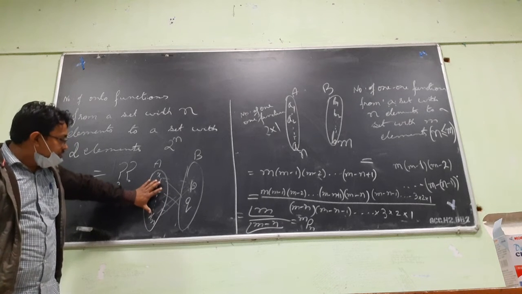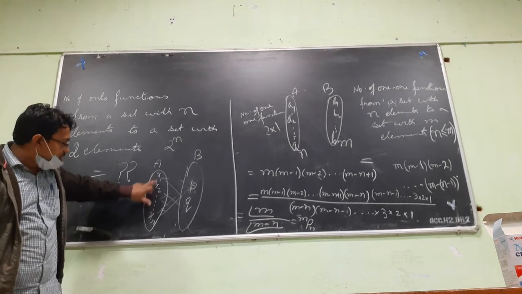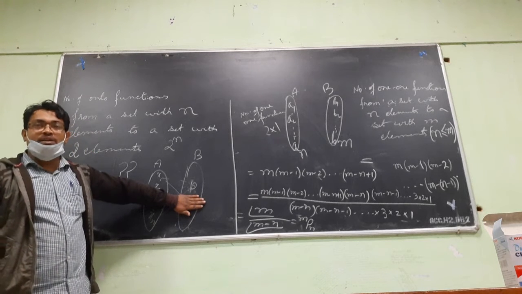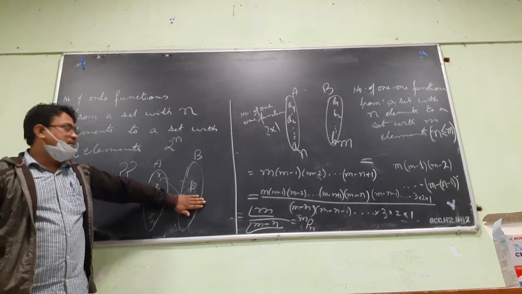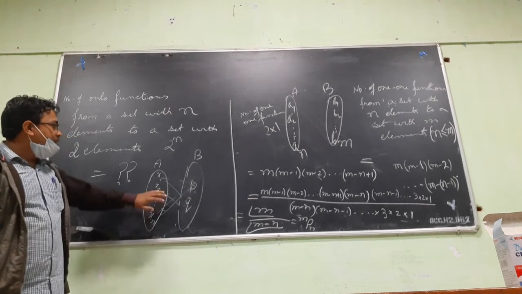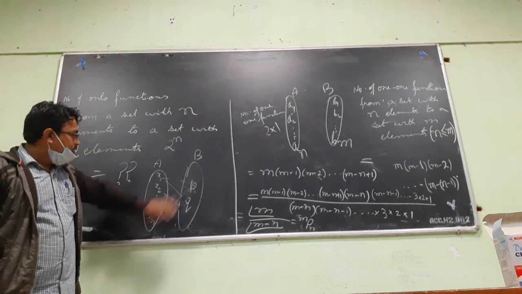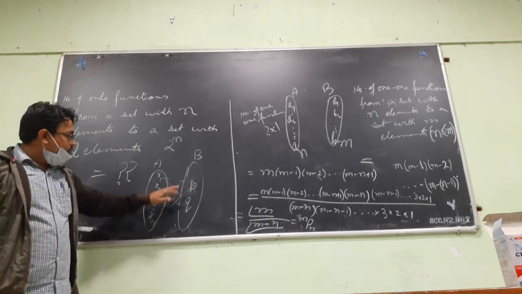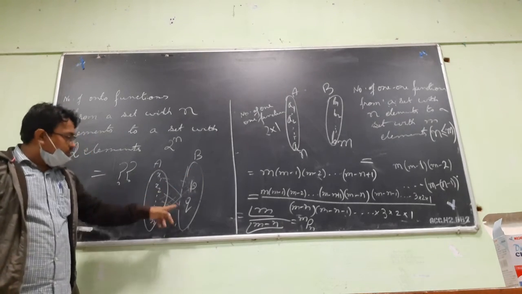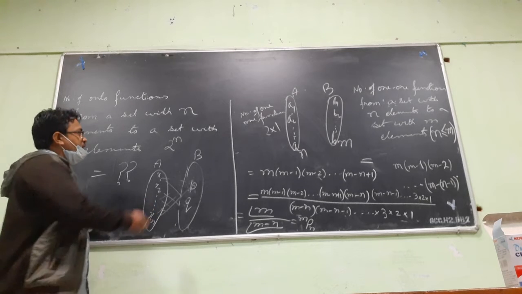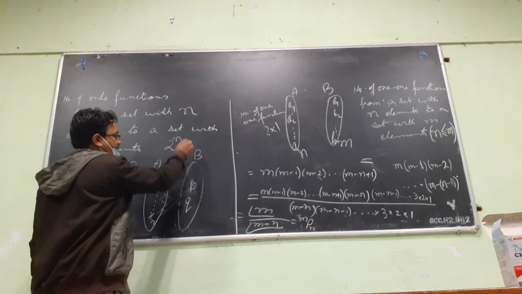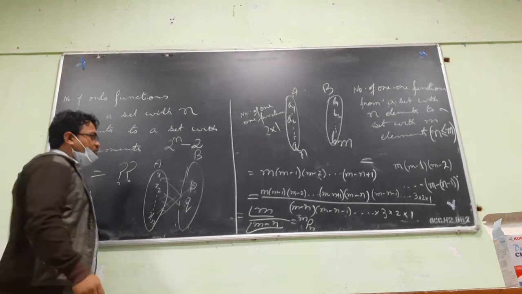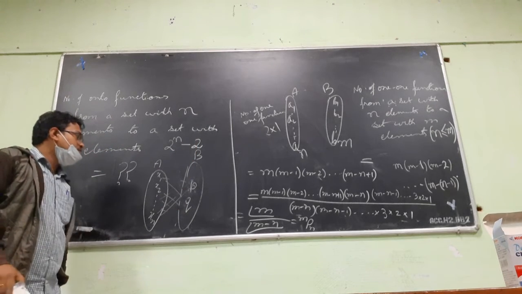The number of functions from a set with n elements to the set containing just p is one. And there is another function which goes only to q. That is also one. So it's actually 2 to the power n minus 2. These two functions I have to separate.